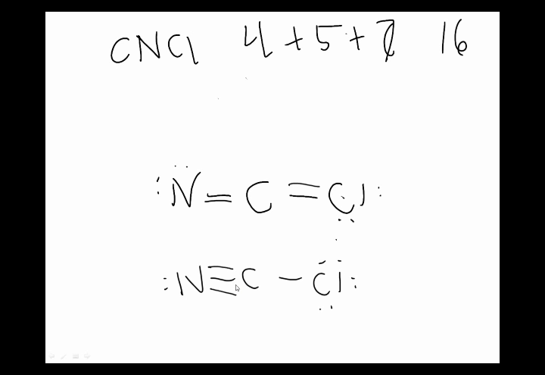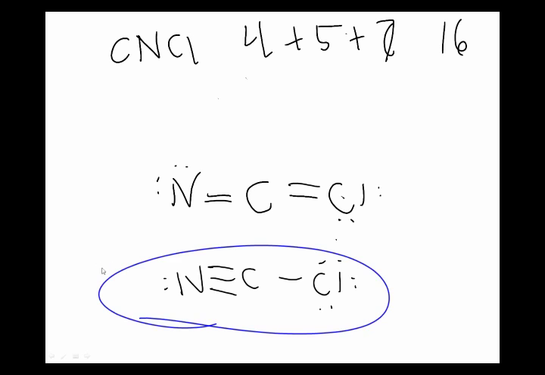Which do you think is probably the better Lewis structure? They're both valid. They're both totally okay because they have 2, 4, 6, 8, 10, 12, 14, 16, and nitrogen has 2, 4, 6, 8, carbon has 2, 4, 6, 8, chlorine has 8. They both satisfy all the rules for being acceptable, but the better one is actually this one down here.